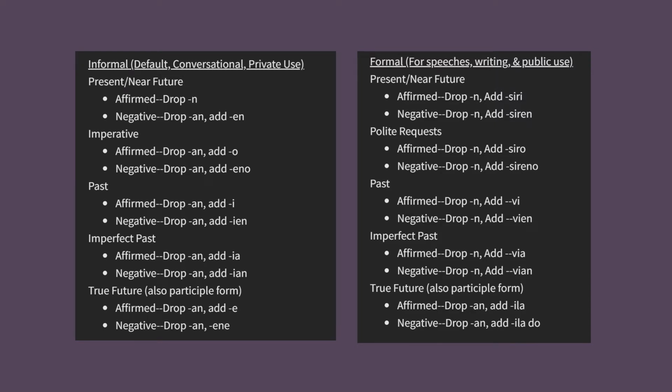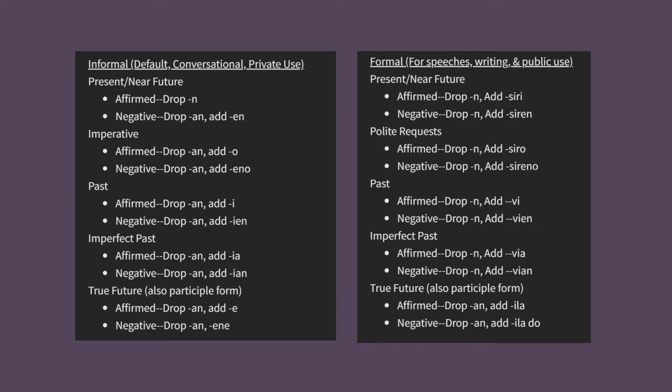We'll start with the informal present, or near future. Affirmative, you drop the n: sera. Negative, drop an, add en: seren. Imperative, sero. Imperative negative, sereno. Past positive, seri. Past negative, serien.